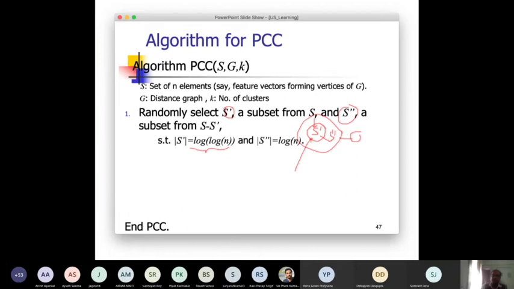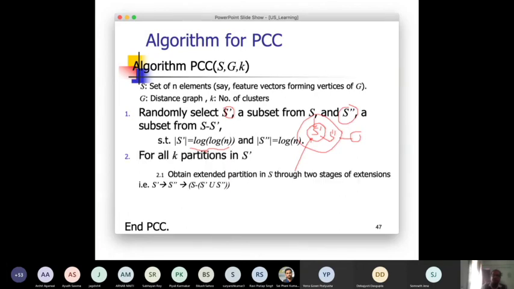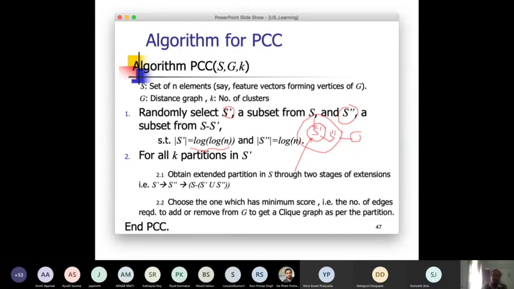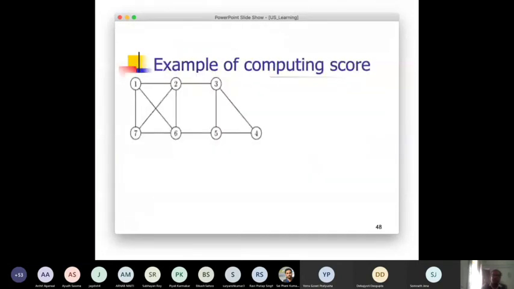So let me explain further with respect to this. As I mentioned, you consider all k partitions, perform these extensions, and choose the one which has the minimum score, that is, the number of edges required to add or remove from G. I have an example here.